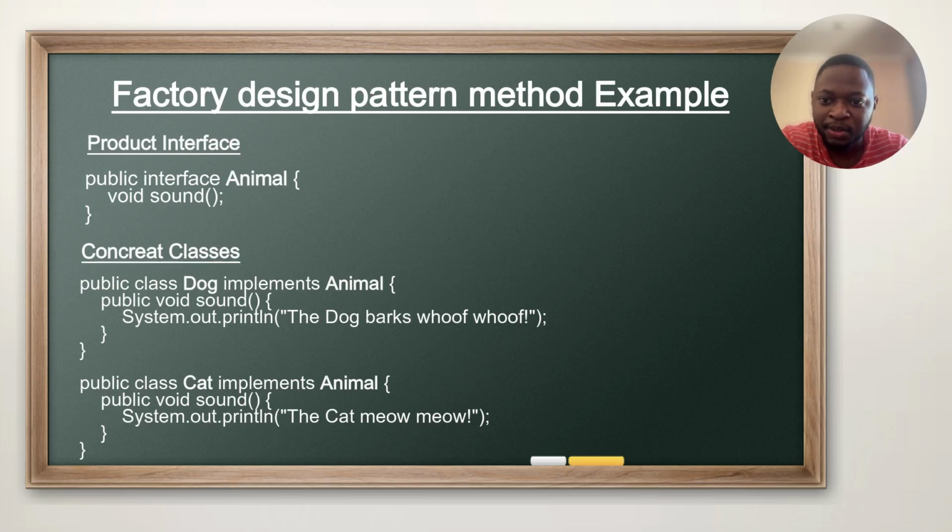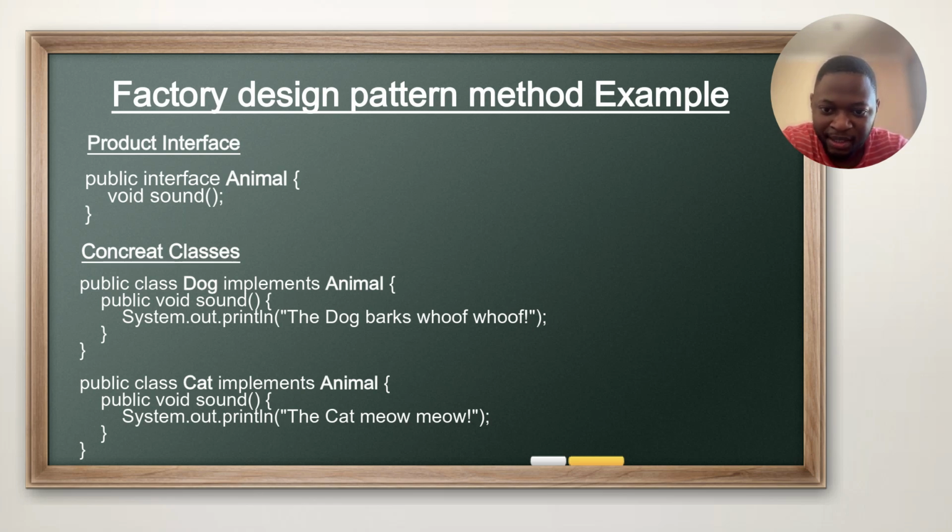And as you see here above, in the interface, we expect all animals to make a sound. So after implementing the interface, we are forced to have a sound functionality for the dog.